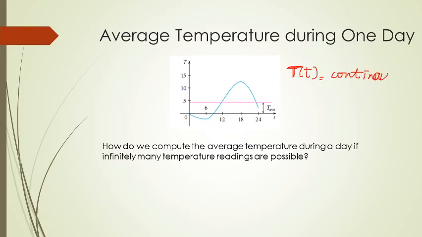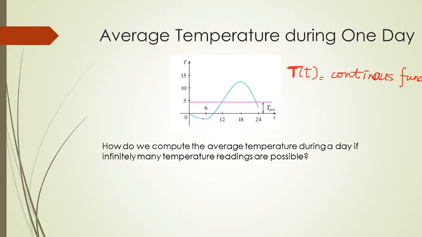So what is the average function value when the function is continuous? And the previous case with finite n numbers, actually, that is the discrete case. So here the temperature function is continuous, right?